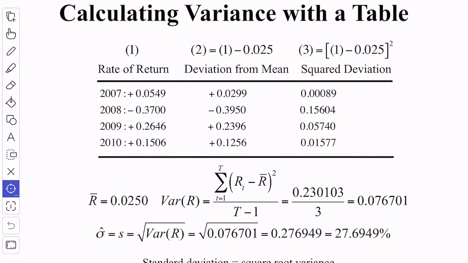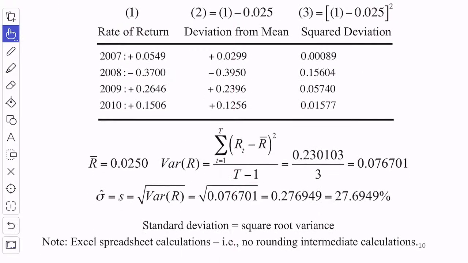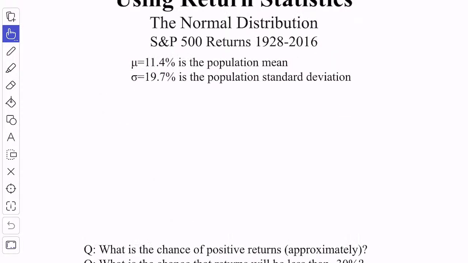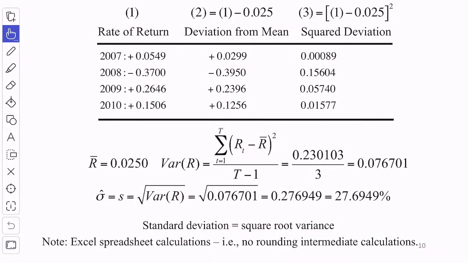All right, so then I did it again here, step by step. You should practice, make sure you can make those calculations. And now what are we going to do? What we're going to do next is the interpretation part. So we have a mean and a standard deviation.